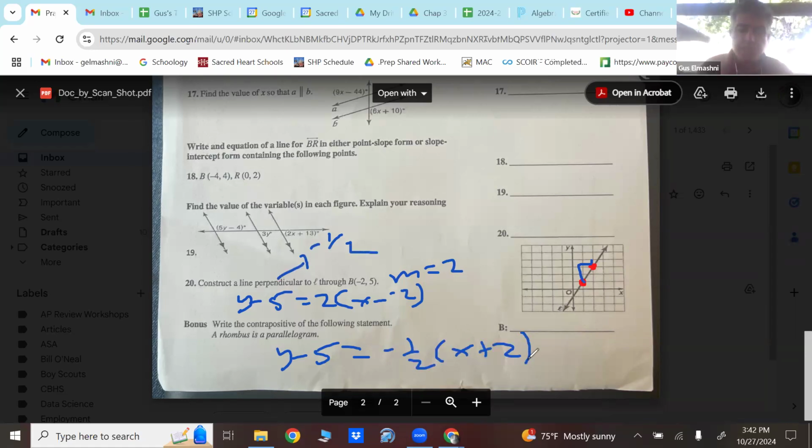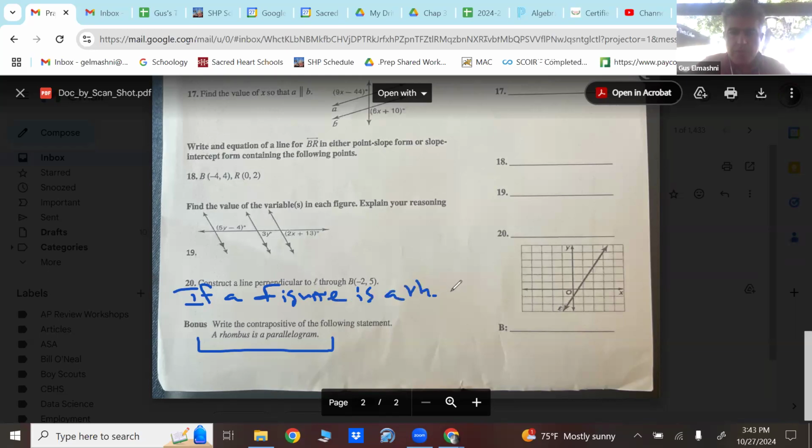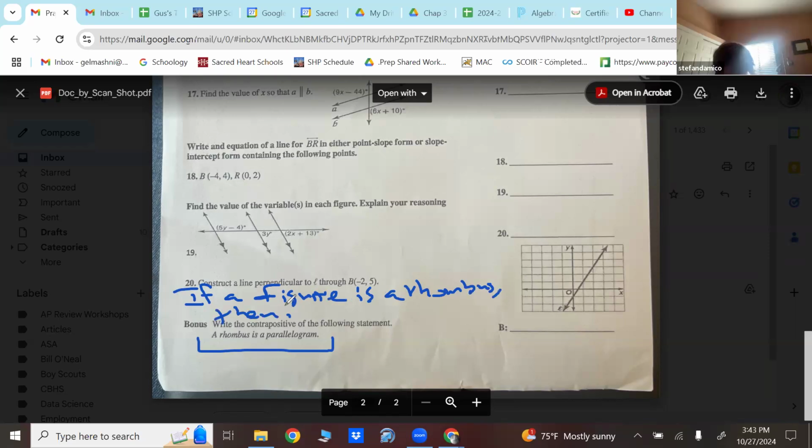So cool. All right. And then this one here, going over to contrapositive statements. So what you do is you want to reverse. So rhombus is a parallelogram. So basically it's kind of like saying this: if a figure is a rhombus, then it's a parallelogram.